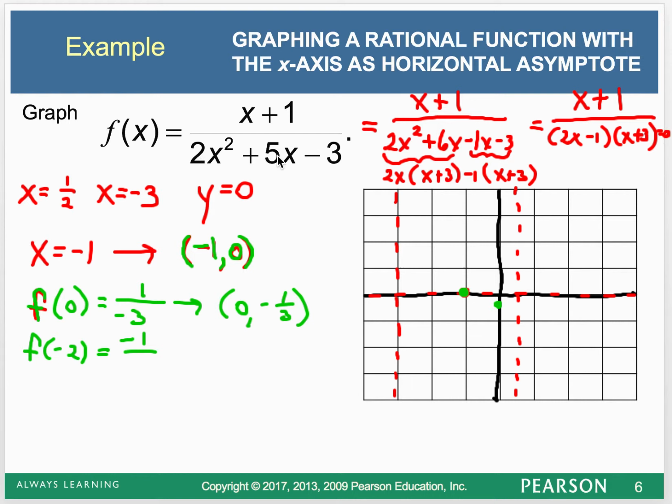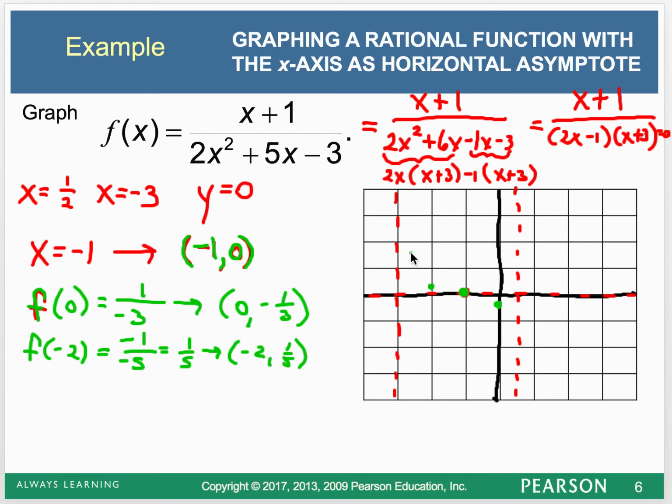So 8 minus 10, negative 2 minus 5. Let's double check that math, plugging in a negative 2. Okay, 4 times 2 is 8 minus 10, negative 2 minus 3. Okay, so this is the point, negative 2, 1/5.